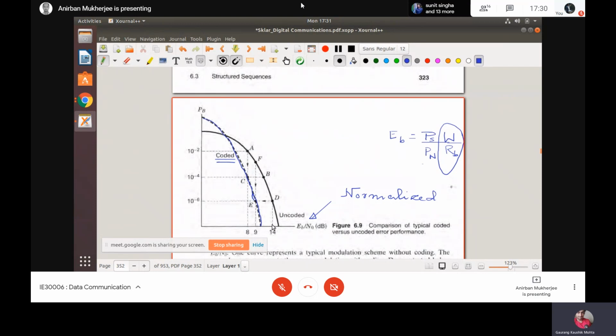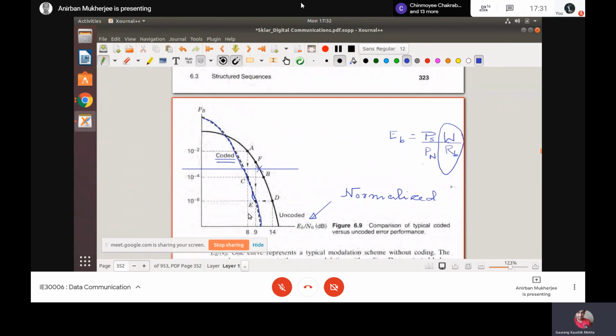Why is it better? Say this is my probability of bit error. For that probability of bit error, if I use the uncoded one, my required signal to noise ratio is this much, say 10 dB. But if I use the coded one, my signal to noise ratio is much less than 10 dB.